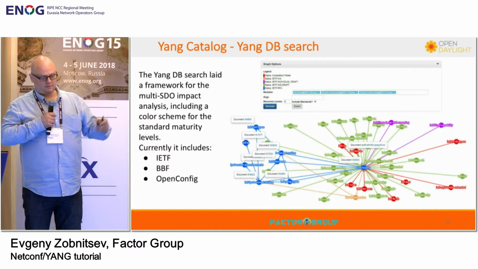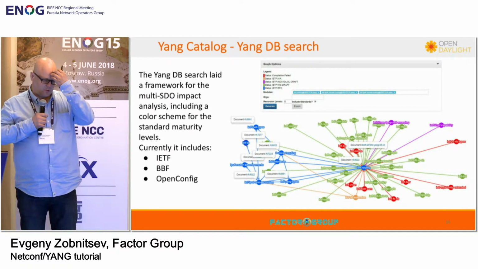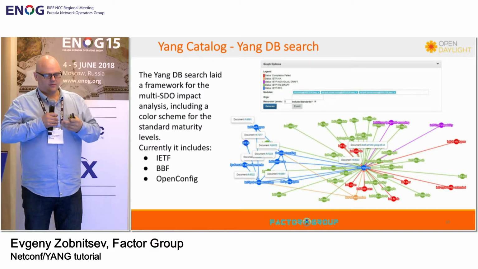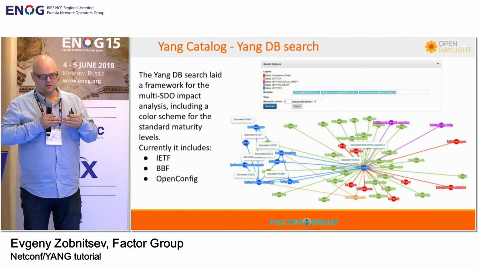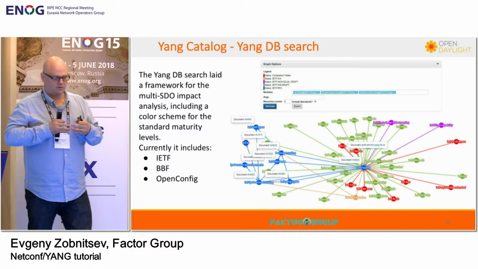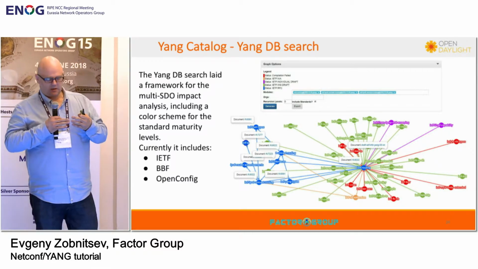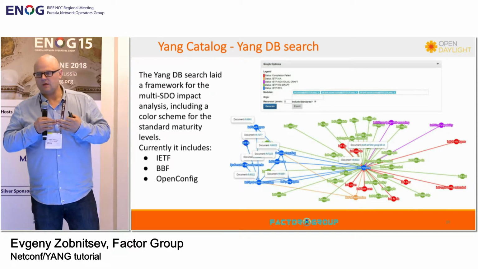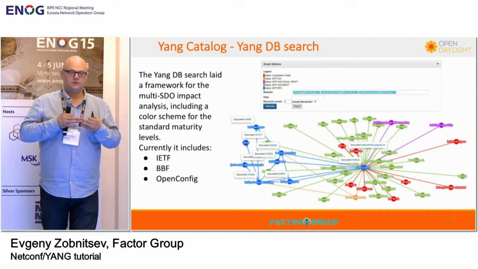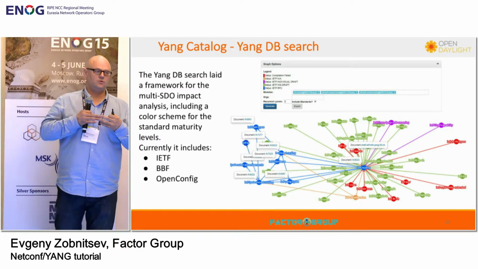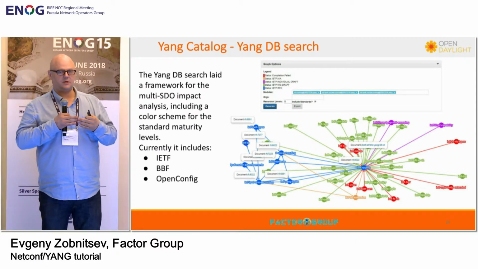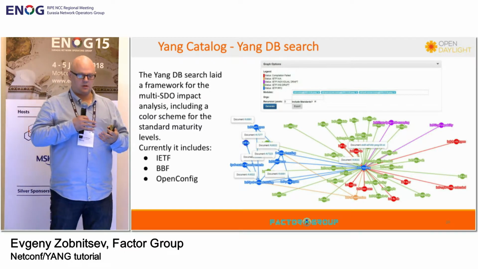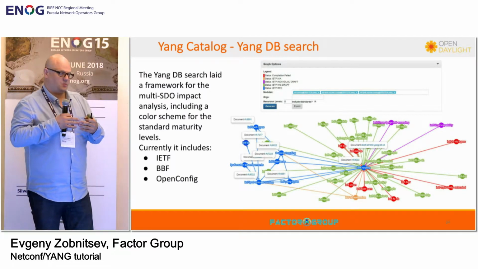And I guess if I go back to the previous slide, there is one more word about the Young catalog and database search. Last year, an important event took place. Models, OpenConfig, IETF, BBF, and the other standard bodies merged together. And you don't need to invent a bicycle or a wheel, even if you produce your own hardware and routers or your service.